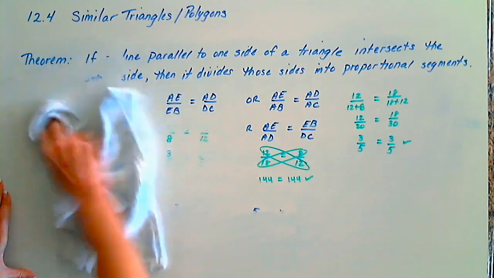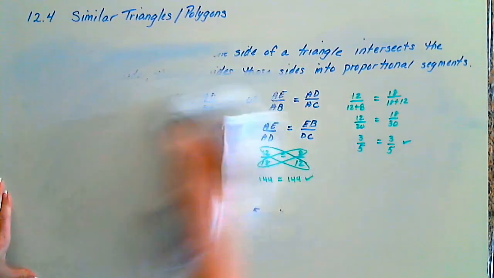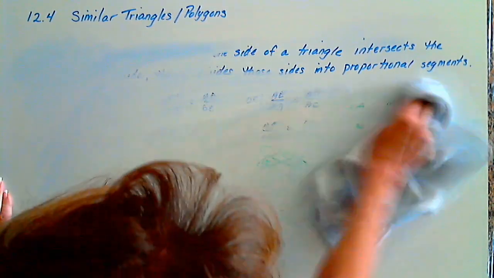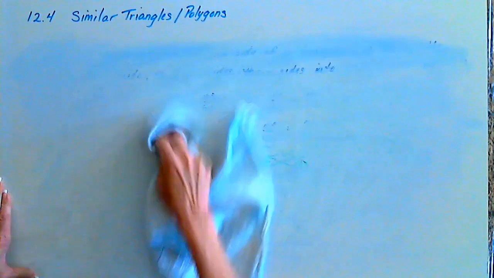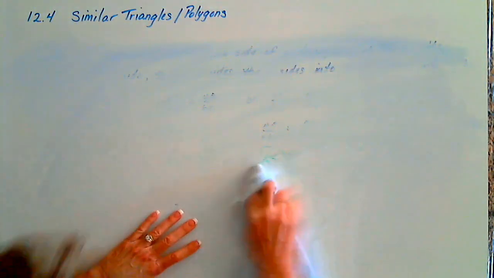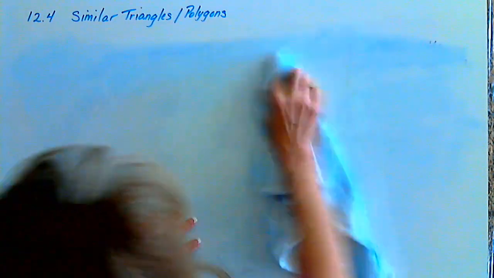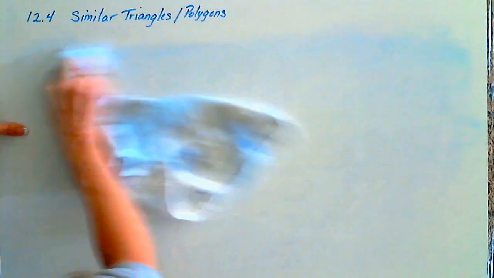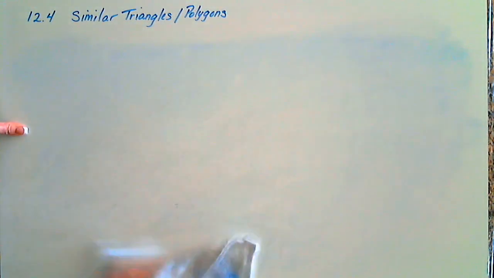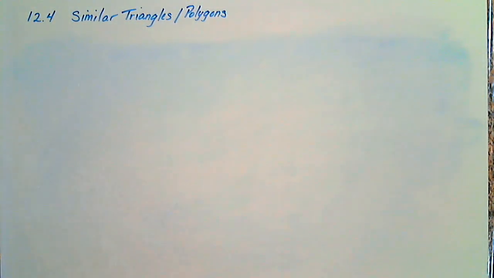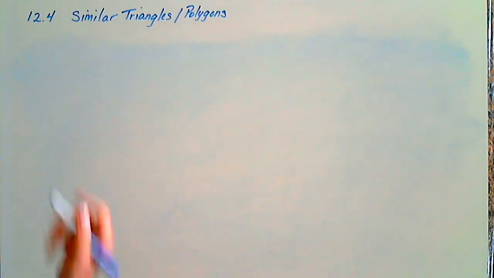Because the mid-segment theorem uses the midpoints, and we learned how to construct and find midpoints by doing a perpendicular bisector. So we could construct a midpoint and therefore use mid-segments. So let's first look at what a mid-segment is.